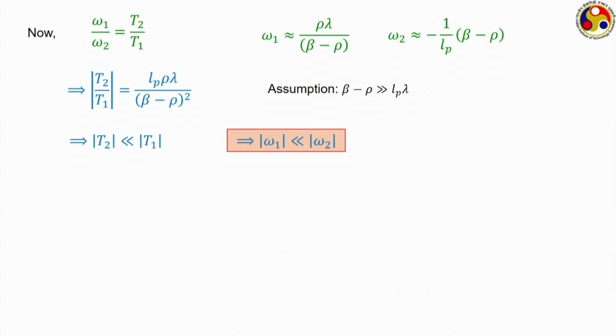Therefore, though we are getting two frequencies and two different characteristic time constants, one of them is dominant over the other one, or I should say significantly dominant over the other one.